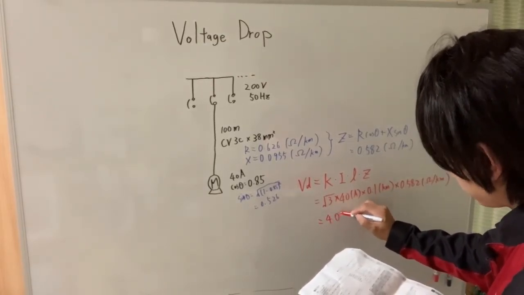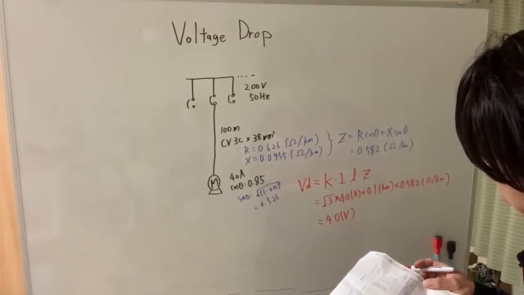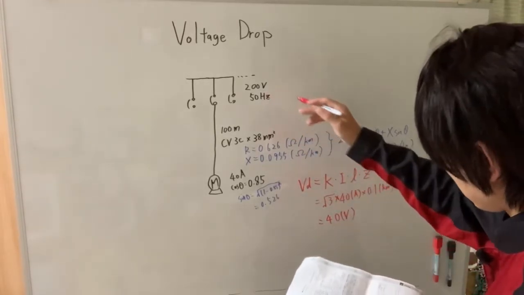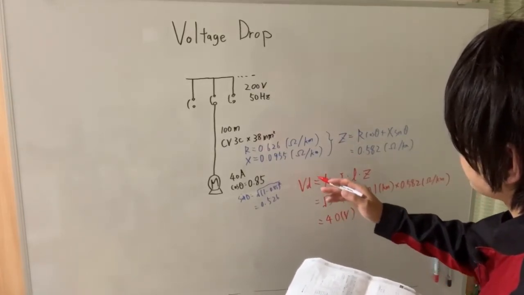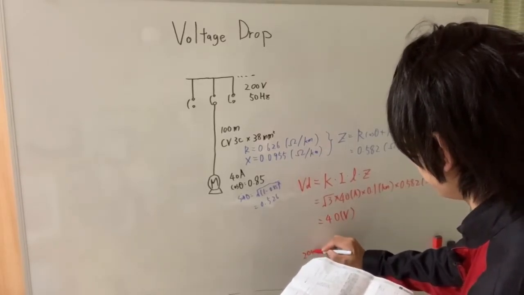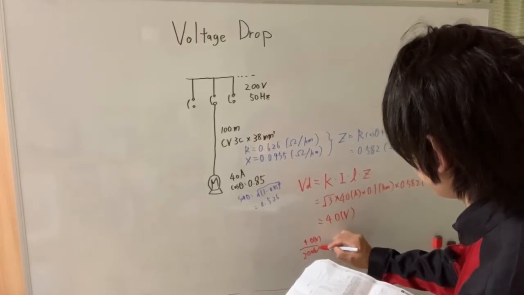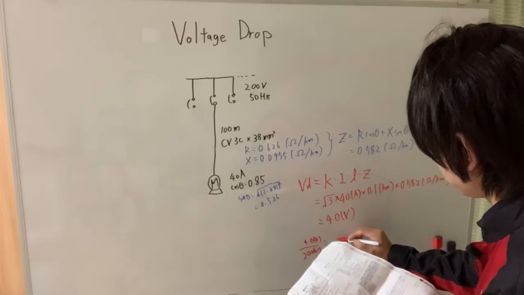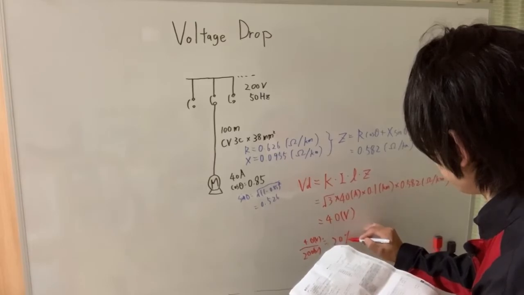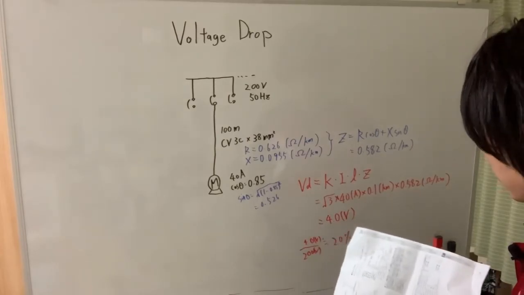This is 4.0 volt. So the ratio to the source voltage, 200 volt, is almost 2% voltage drop. I think it's not so much.